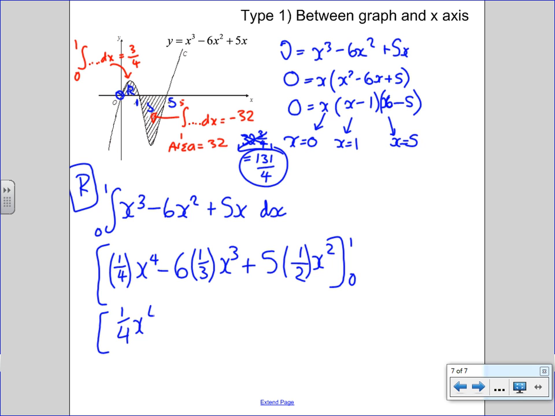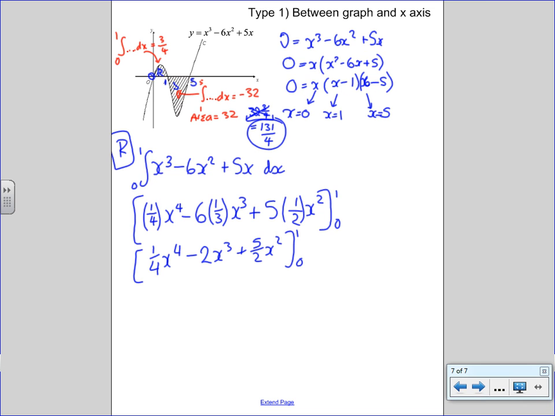So the 1/4 x to the 4, minus 6 divided by 3 is 2x cubed, plus 5 over 2 x squared, between the limits. Right, I think this is all right. Let's hope so.